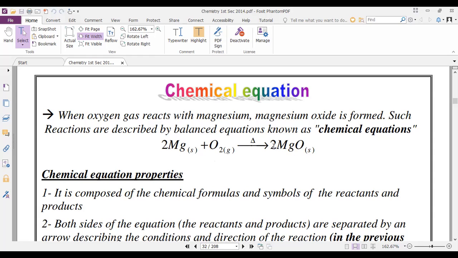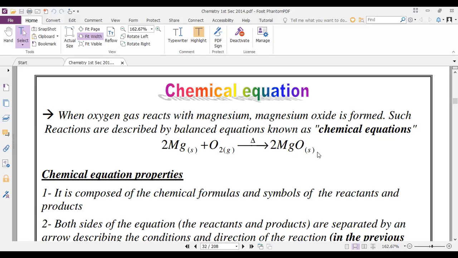So the product will be 2 MgO, as the 2 multiplies Mg and also O. It means 2 Mg and 2 O. So the number of produced atoms is equal to the number of reactant atoms. 2 Mg react with 2 oxygen atoms to produce a magnesium oxide compound that consists of 2 magnesium atoms and 2 oxygen atoms.